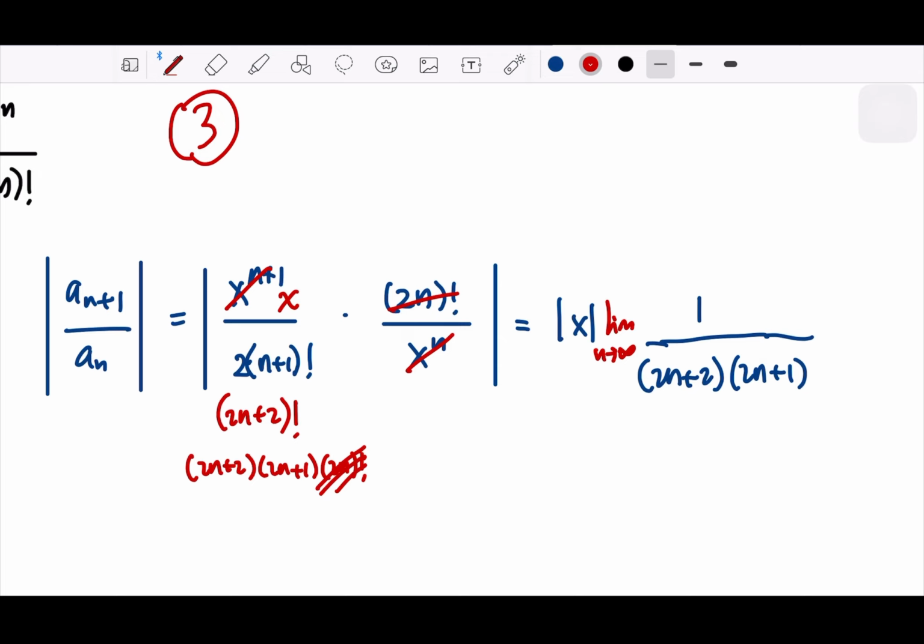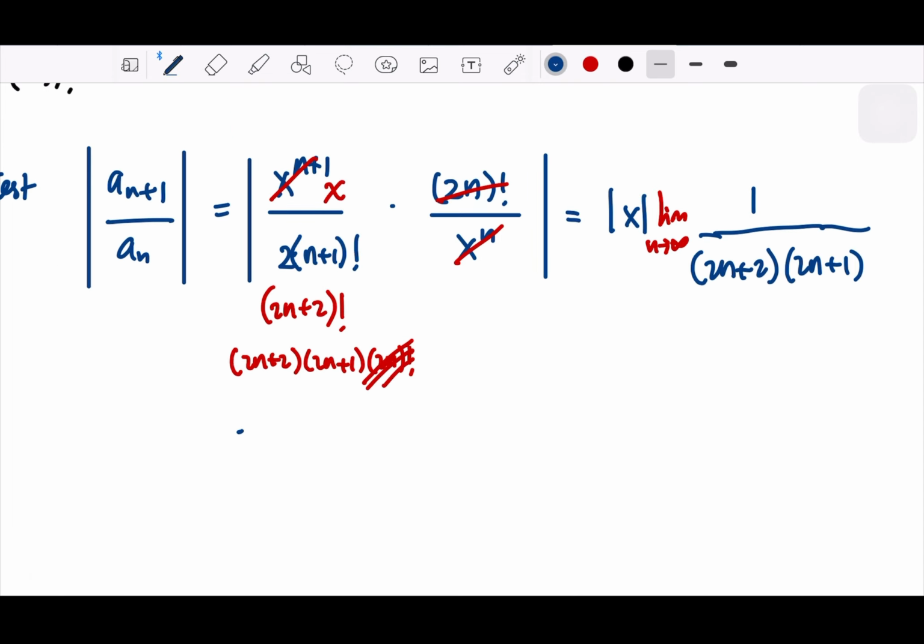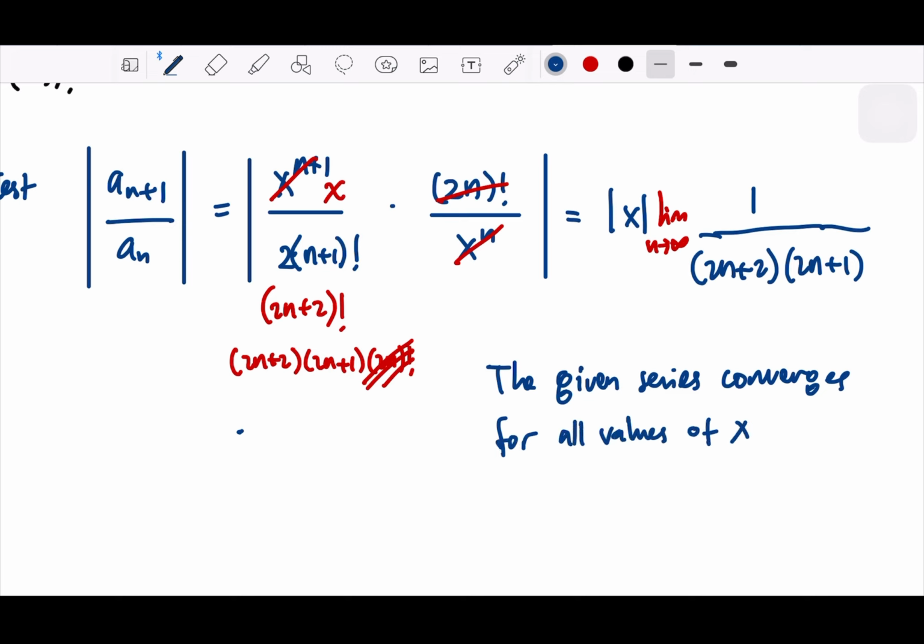Which means that the whole limit here will be 0, so every x you take will also converge. So all x will converge. So the given series converges for all values of x.